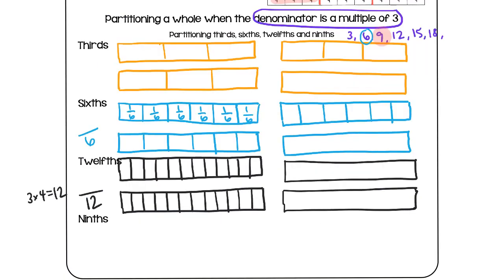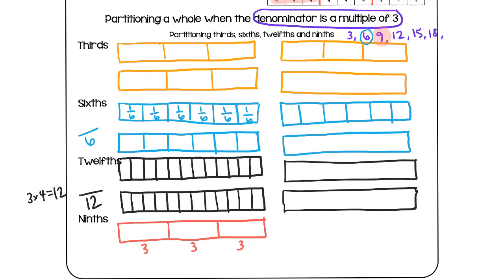So we're going to start by drawing our whole. And then we're going to split our whole into thirds. Okay. There we go. Now, in order to get to 9 pieces, we need 3 here, 3 here, and 3 here.